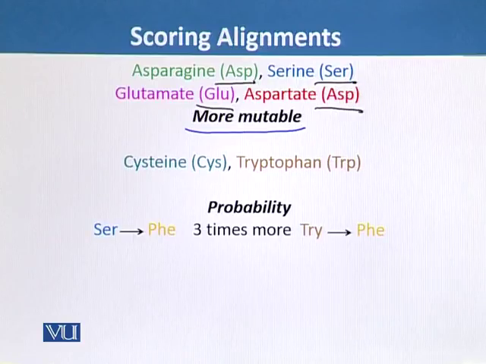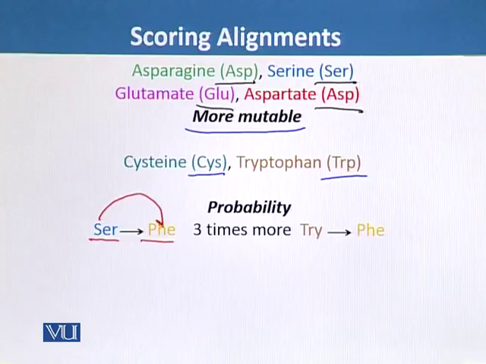On the other hand, some amino acids are more stable. For example, cysteine and tryptophan are less mutable as compared to the others. So if there is a probability of mutation, then serine will mutate and be replaced by phenylalanine, and this replacement is 3 times more frequent as compared to tryptophan.